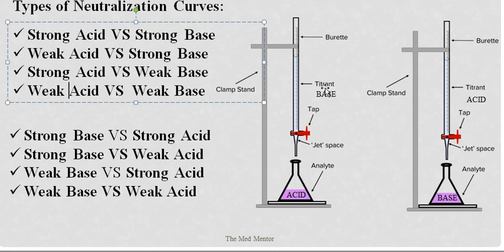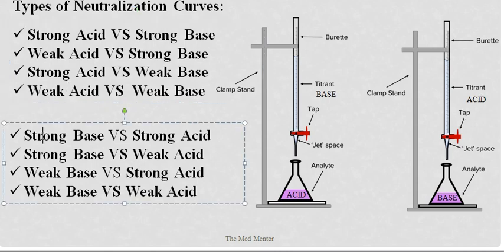That's called the first type. The second type: when your analyte is the base, then your titrant is an acid. That is the second case.